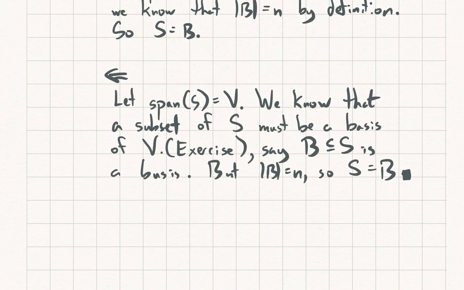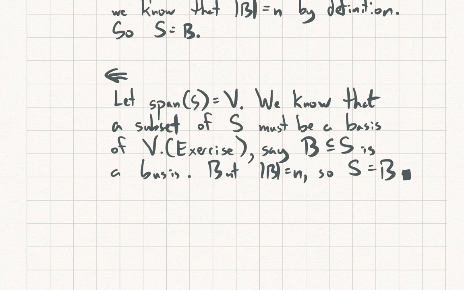let's say that we knew that S spanned and we wanted to show that it was linearly independent. Well, as a little exercise, which isn't too difficult, I'll leave this to you, if we have a spanning set, it must be the fact that a subset of that spanning set is a basis. The hand-wavy version of it is that we can throw away all the superfluous vectors, the ones that we can make with linear combinations of the others.